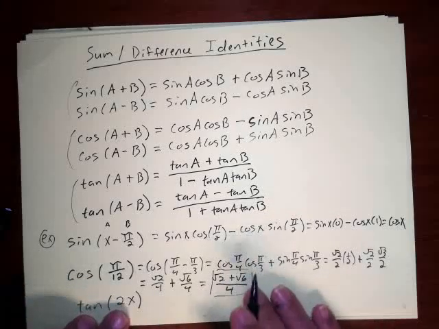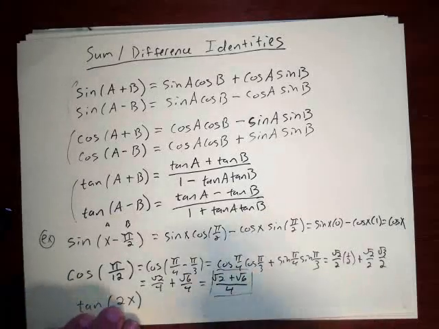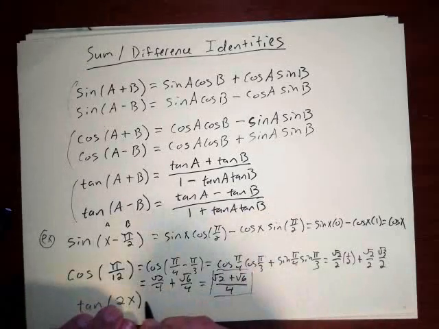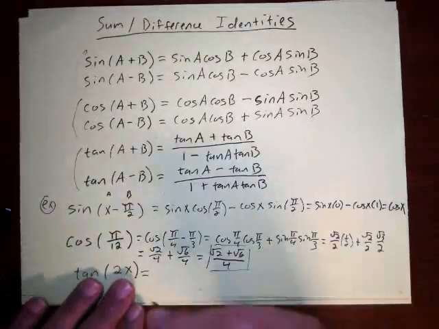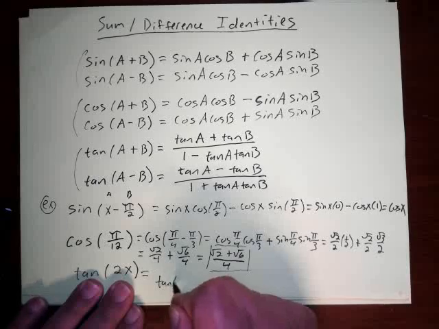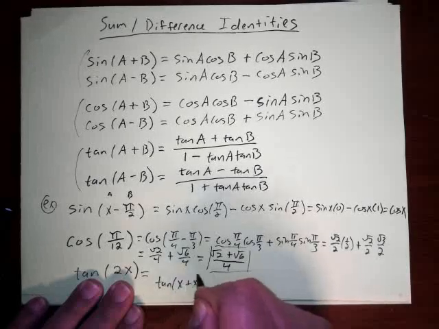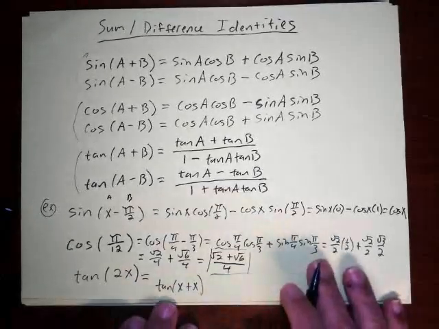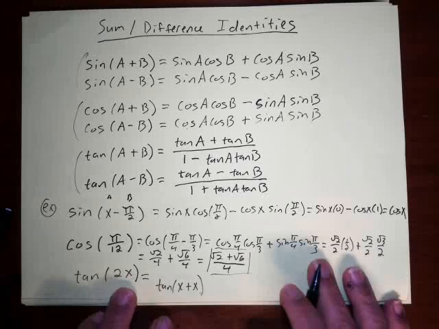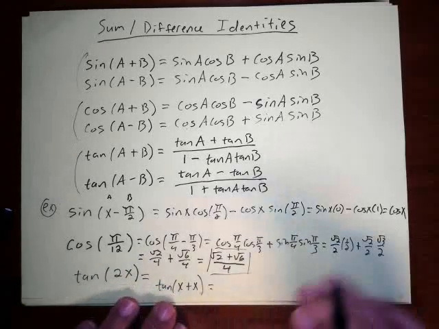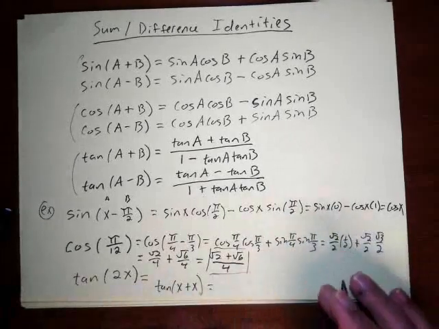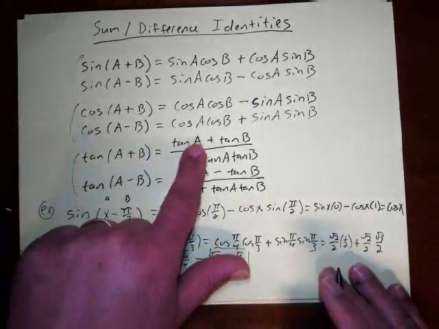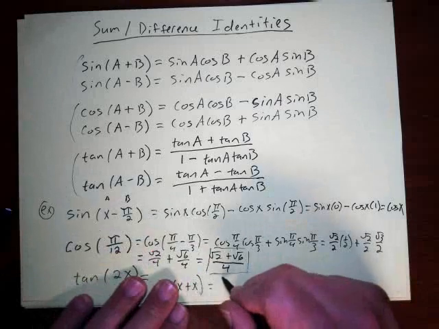So here's another interesting thing. If you have tangent of 2x, I could write this as tangent of x plus x, because x plus x would be 2x. And so now I can use the sum identity on this, but now A and B are both the same.